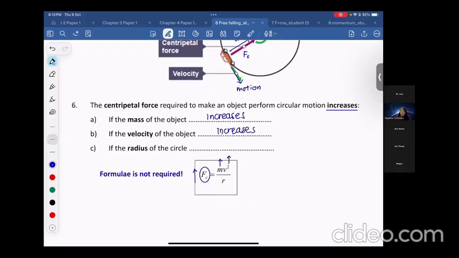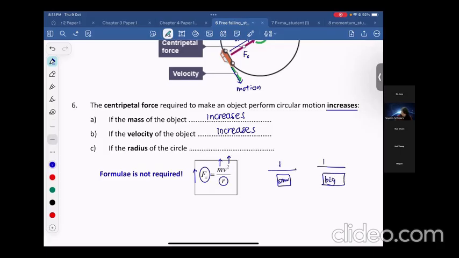What happens to the radius? If we want a higher centripetal force, should the radius increase or decrease? Look at 1 over a small value and 1 over a big value.